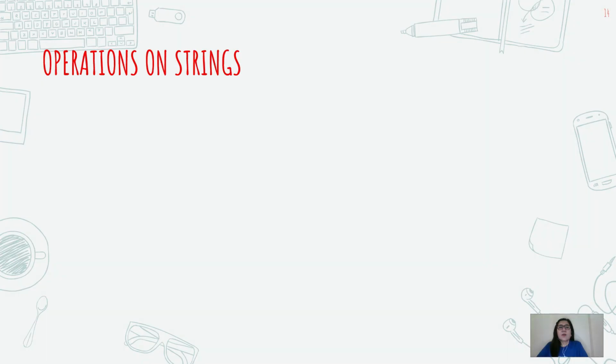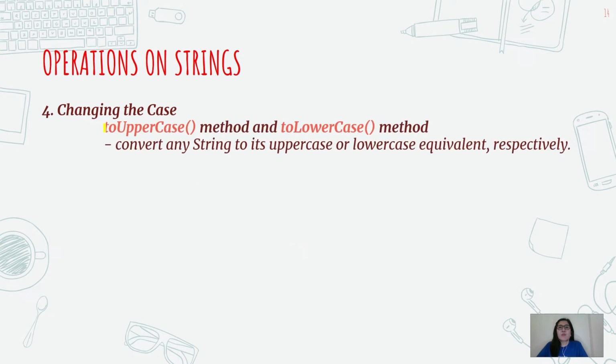Next, we have the changing the case. So, if we are going to change for the case, we have the toUpperCase and the toLowerCase. This is capital U and C, capital L and C. Convert any string to its uppercase or lowercase equivalent, respectively.